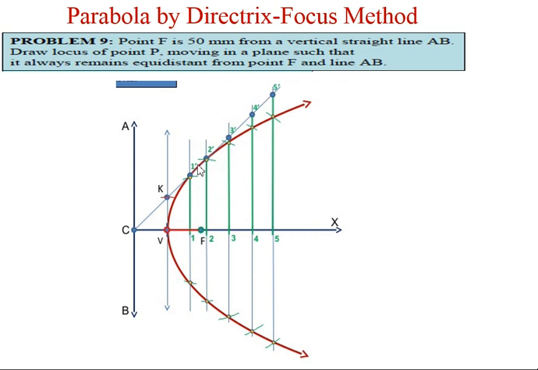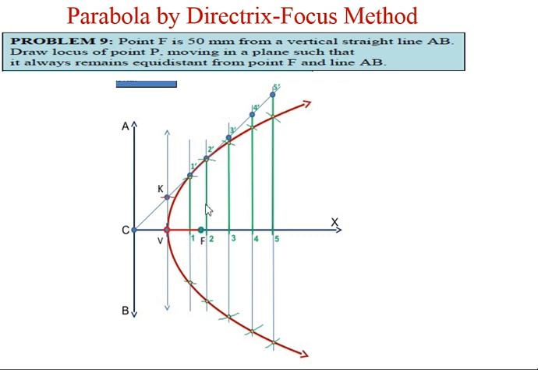Now we need to make use of these intersecting points 1 dash, 2 dash, 3 dash, 4 dash, 5 dash. F will always be your center and 1 dash will be the distance.